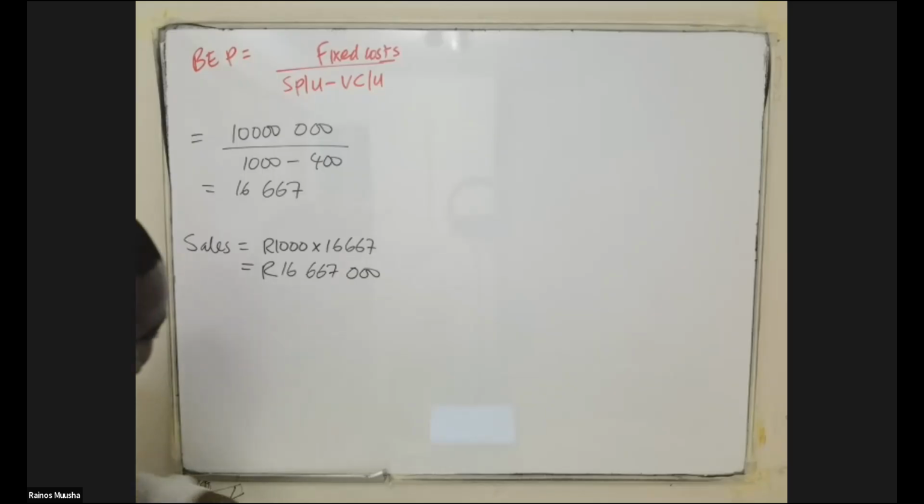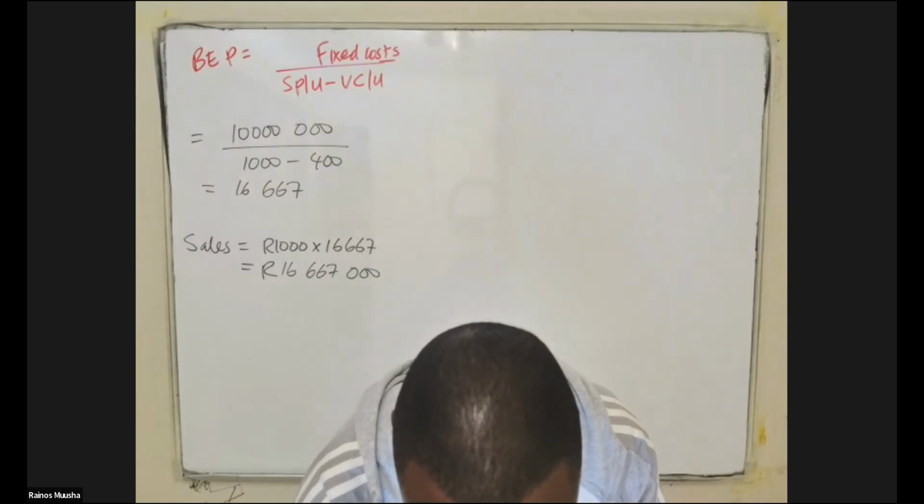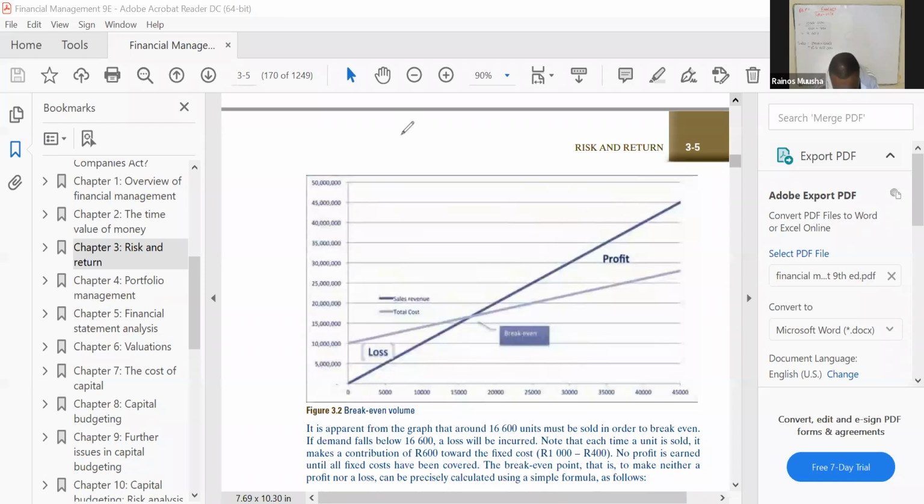So if you look at it graphically, on our graph, we're saying this is our break-even point.